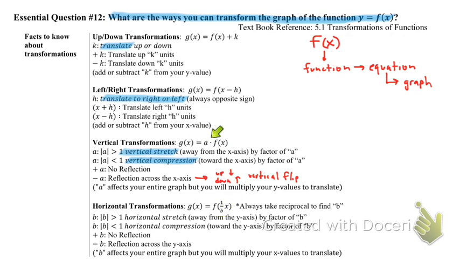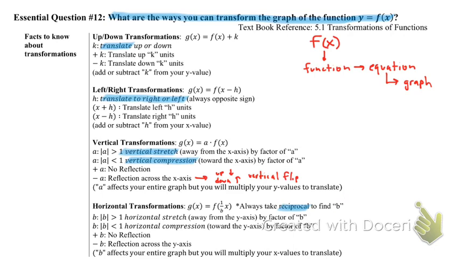Notice the a will be outside of parentheses multiplying. The b value is going to be inside parentheses multiplying. And the rule for the b value is you always want to take the reciprocal to find the true b. That means whatever value we have, we are going to flip it, and that will give us our true b.